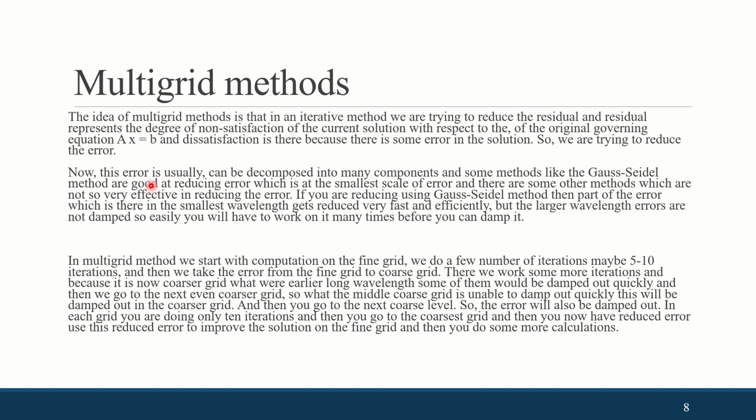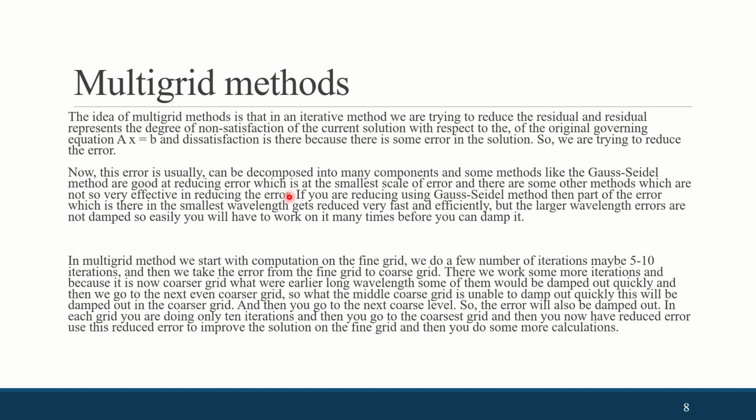This error can be decomposed into many components, right? There are methods like Gauss-Seidel, which can reduce the error at the smallest scale, and there are other methods which are not so effective in reducing the error. So all errors cannot be reduced by the same techniques.